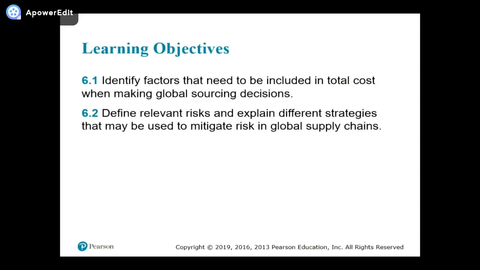So we're going to look at what are the cost configurations when we're making global sourcing decisions, and look at the potential risks involved in global sourcing and how to mitigate these risks.